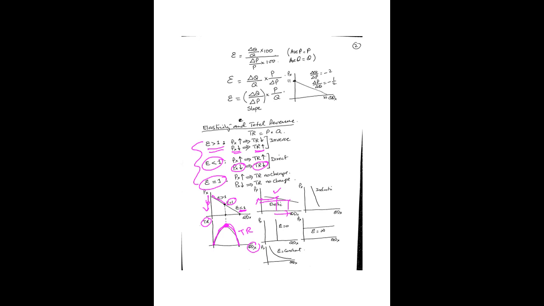If a curve is steeper, like this, the elasticity of demand is inelastic. That is, see this, if I change price from here to here, this much, very high, but quantity demanded is increasing only this much. So quantity demanded is not responsive to changes in prices. That is the definition of inelastic demand.